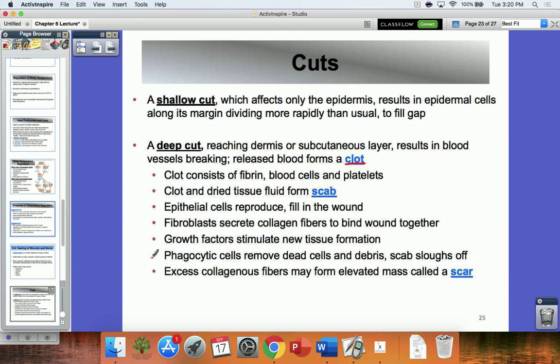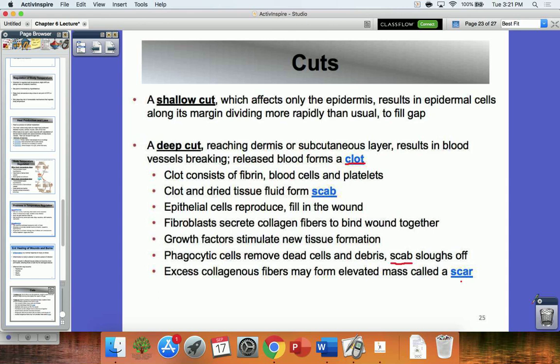Anything that's bad would have been phagocytized, which means they're going to engulf solid particles. Those will be those phagocytic macrophages. Eventually, the scab is going to fall off. All right, the scab's not going to be there forever. If it's deep enough, or if too many fibers form, then that's going to cause a scar.